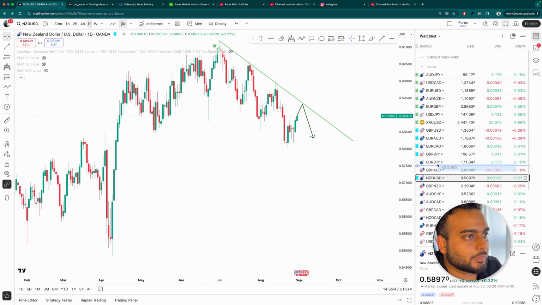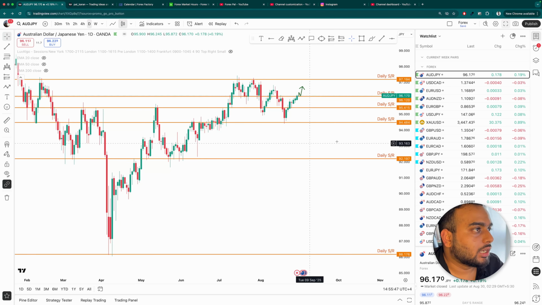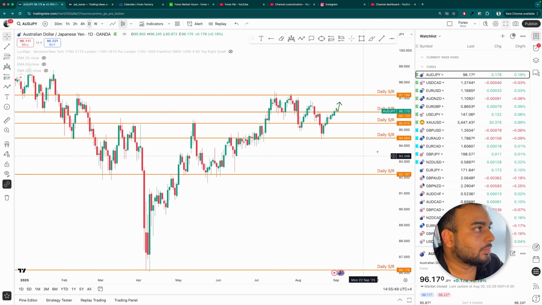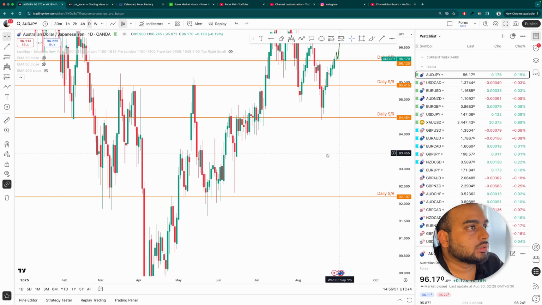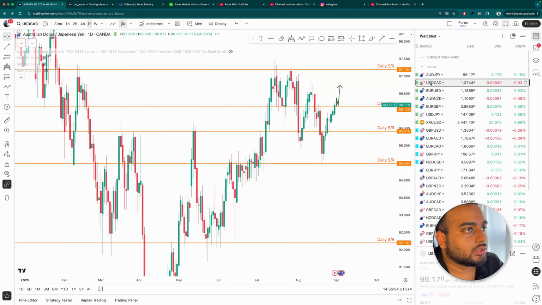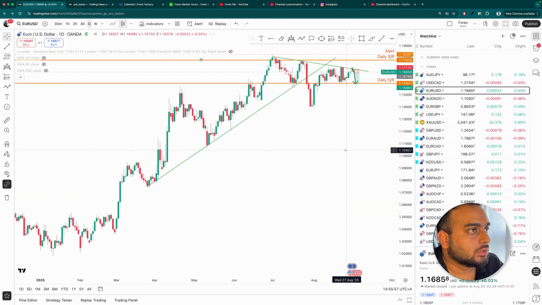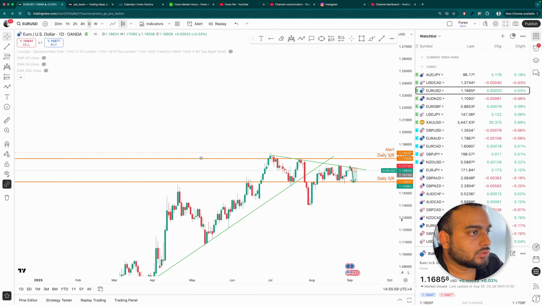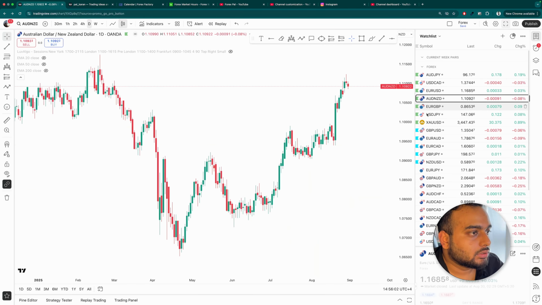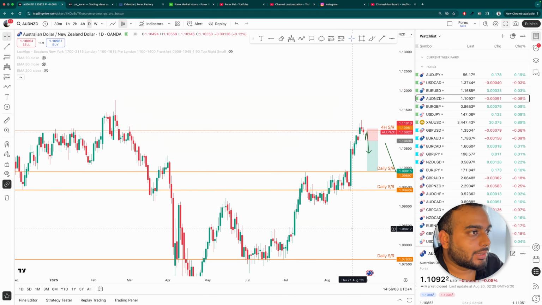We have a lot of pairs already, and we are looking for AUD JPY, which is going to happen soon. We are also looking for USD CAD. Okay, this is also going to happen soon. EUR USD happening soon. AUD NZD might happen soon.